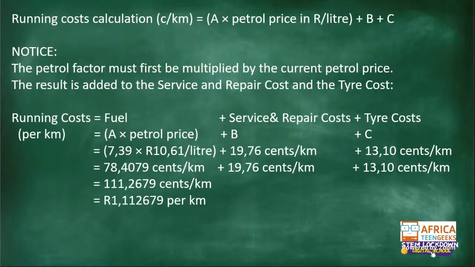So if you divide your amount by 100, you'll get 1 rand and 24 cents per kilometer there. So it will be the running cost, which involves the fuel, the service repair, and the tires, and the cost will be 1 rand and 24 cents. That is what you will get as far as this particular problem is concerned.